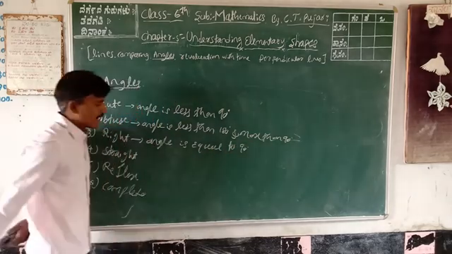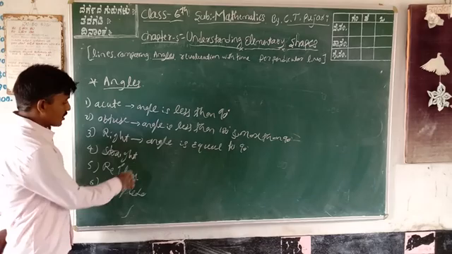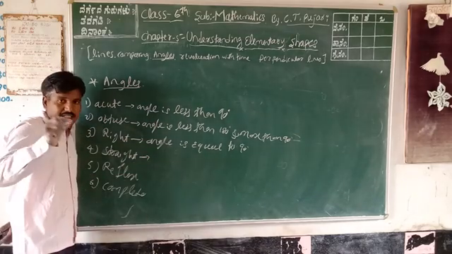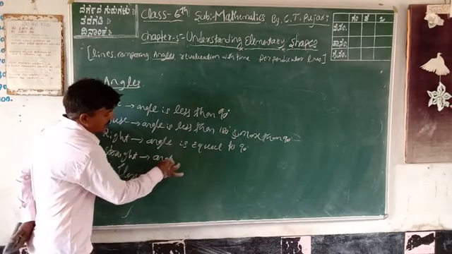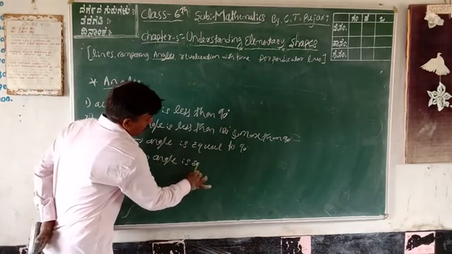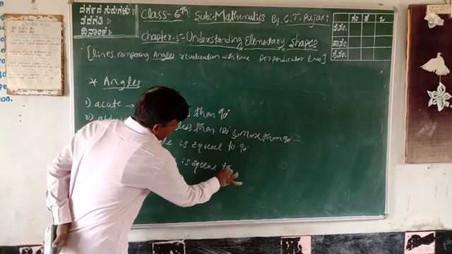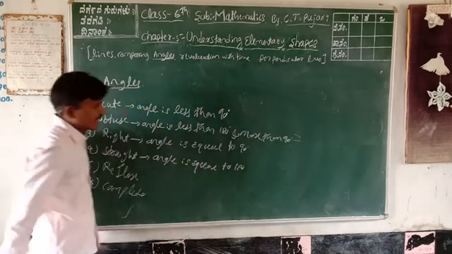What about a straight angle? A straight angle is equal to 180 degrees.